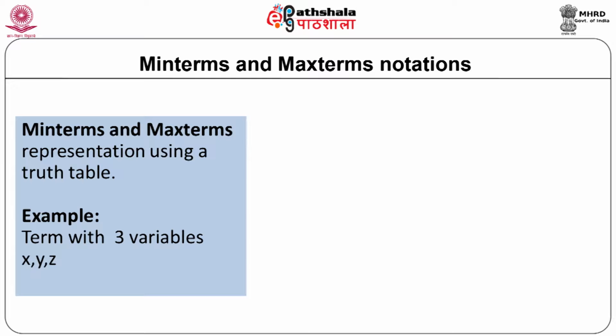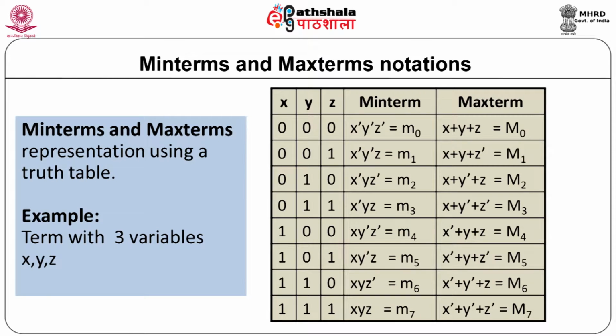For example, the function of 3 variables can have a total of 8 min terms, which are shown in the truth table. The first 3 columns represent the binary values for the variables x, y, z, and the corresponding min term is represented in the 4th column and the max term in the 5th column.